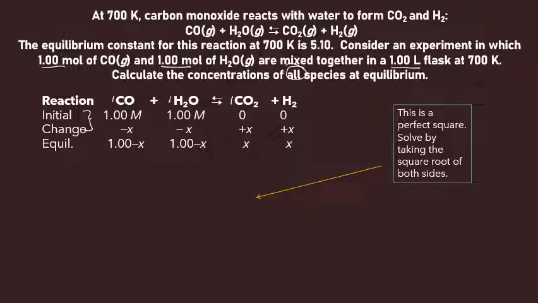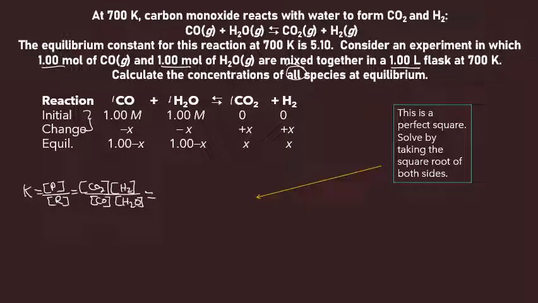So what we have to do is calculate the K value, which is the concentration of products divided by the concentration of reactants. So that equals the concentration of carbon dioxide times the concentration of hydrogen, divided by the concentration of carbon monoxide times the concentration of water. We have these in terms of X at equilibrium.